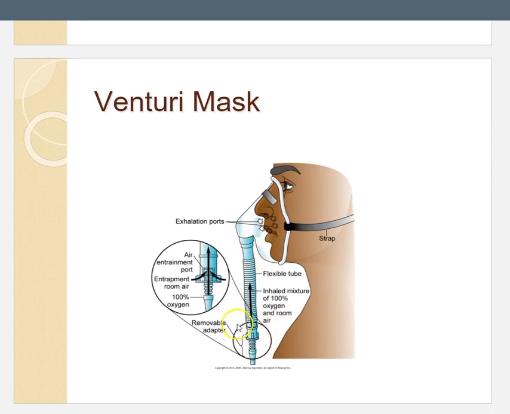What we notice about this type of oxygen delivery system is there are little adapters connected that are color coded, and they usually say on there the percentage of oxygen that's going to be delivered. So look at that when you get report from your nurse to make sure if they're supposed to get 55% or 60% or 40%, that's exactly what's going to be delivered.